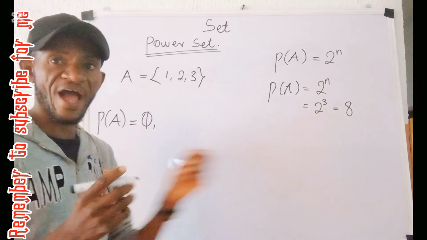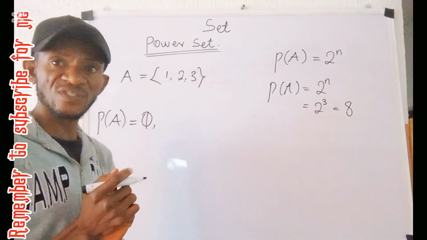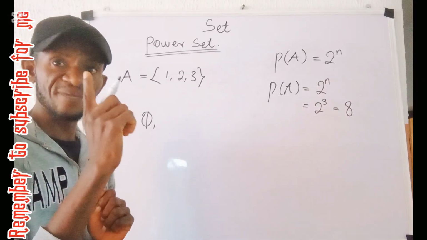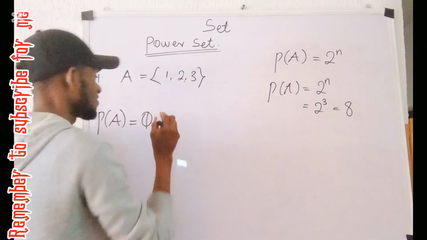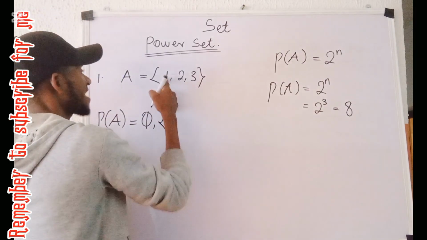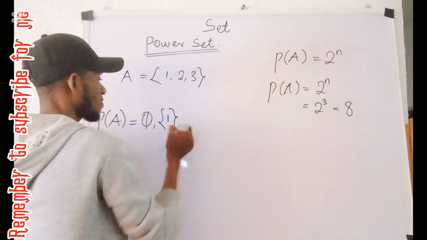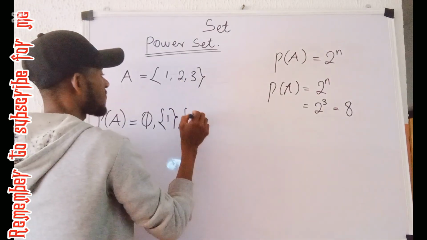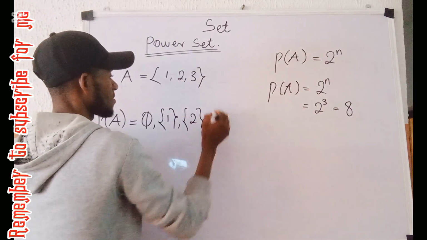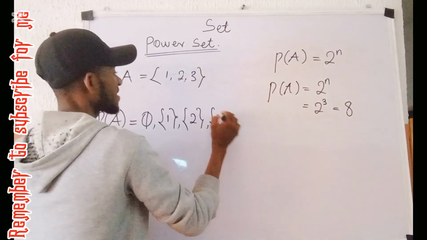We now go over to all sets with just 1 element. So we begin, here is 1, comma, we come over here, we have 2, here is 3.